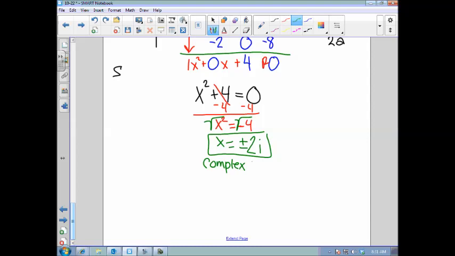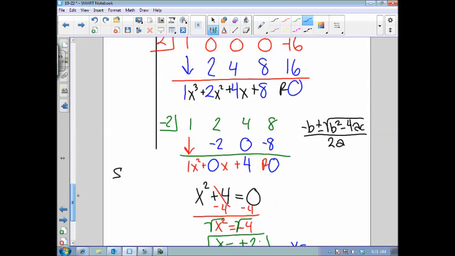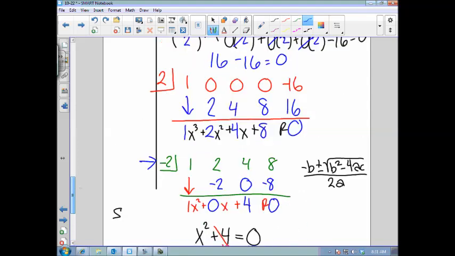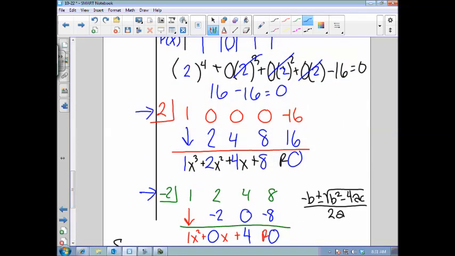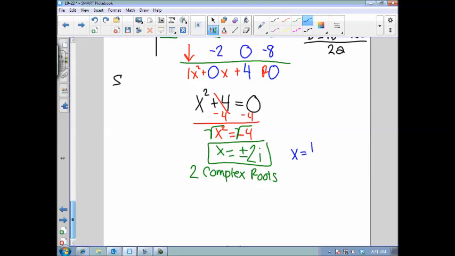Actually, put 2. Remember, we're supposed to label. We have two complex roots, but this was originally x to the fourth. Didn't we find two other roots at the beginning? What were our two roots in the boxes? Negative 2 and positive 2. So plus and minus 2.